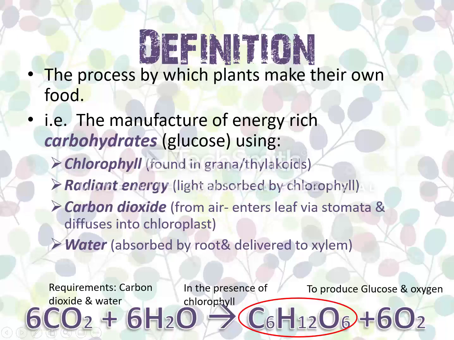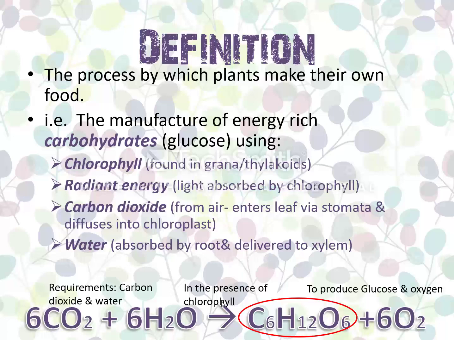So chlorophyll is sort of a catalyst in this reaction. So we don't actually write chlorophyll into the equation, but we see chlorophyll on the arrow. It's important to know that therefore there are 3 requirements of photosynthesis: carbon dioxide, water, and chlorophyll. And there are 2 products, which are glucose and oxygen.